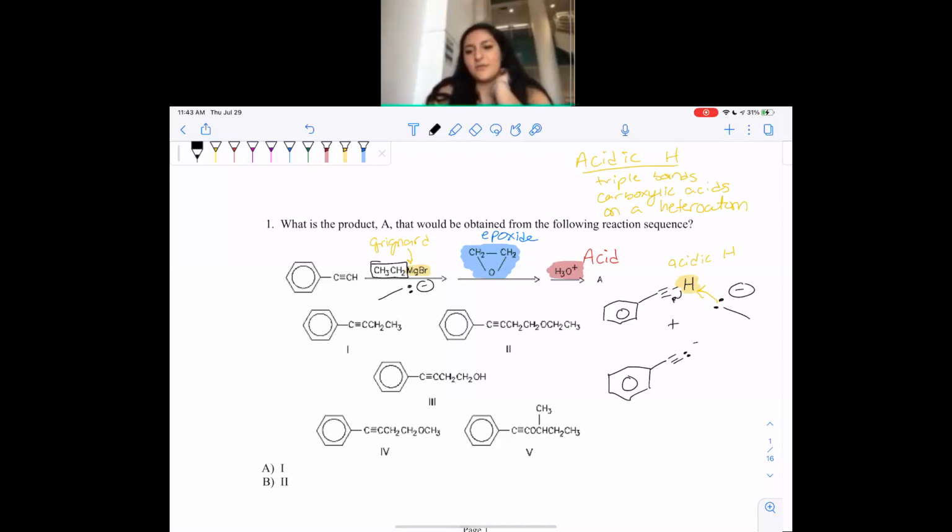this negative charge, right? Now this negative charge is reacting with our epoxide. We know that when we open up an epoxide, we have base catalyzed, acid catalyzed, etc. But does it matter which side we attack in this specific example? Yay or nay?